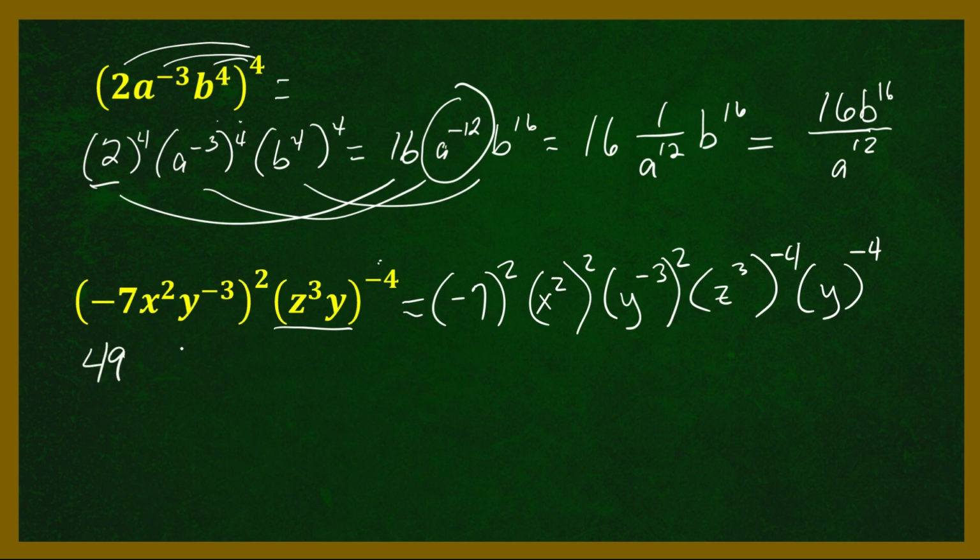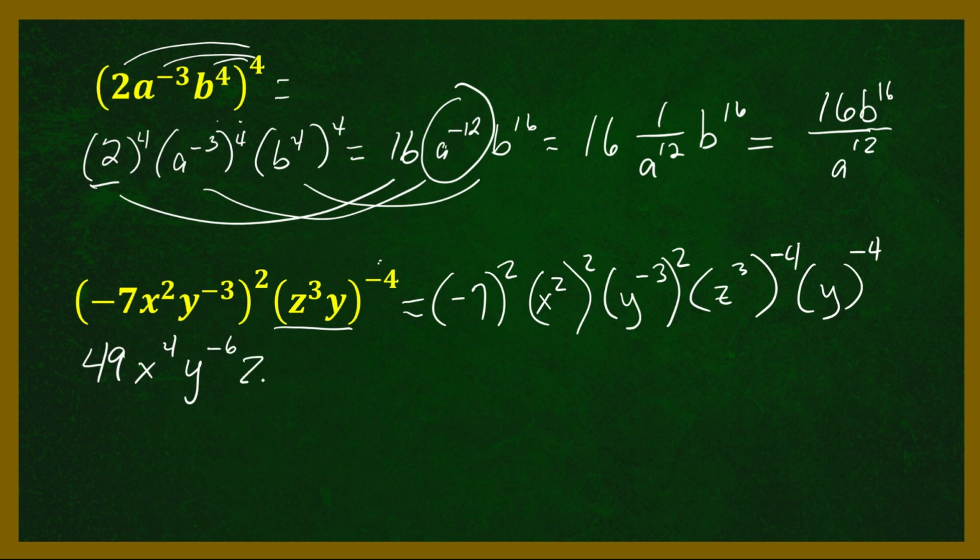X squared raised to the second power, that's x to the fourth power, because when you have two raised exponents, you multiply them. And now we have y. When we multiply negative 3 times 2, we get negative 6.